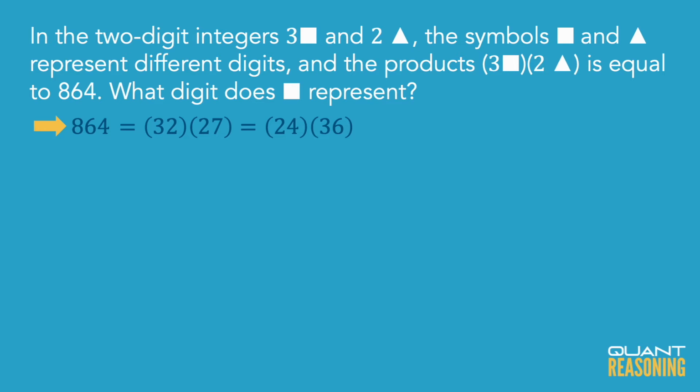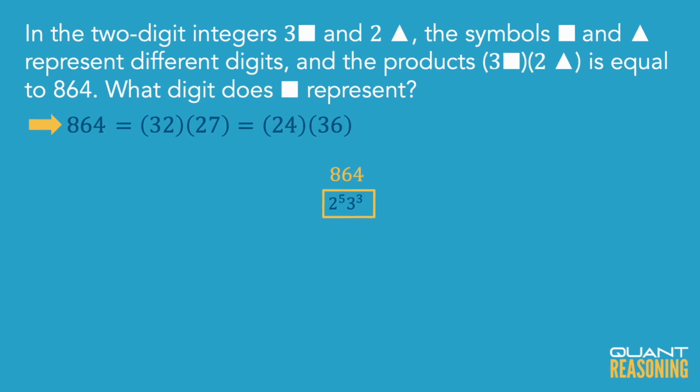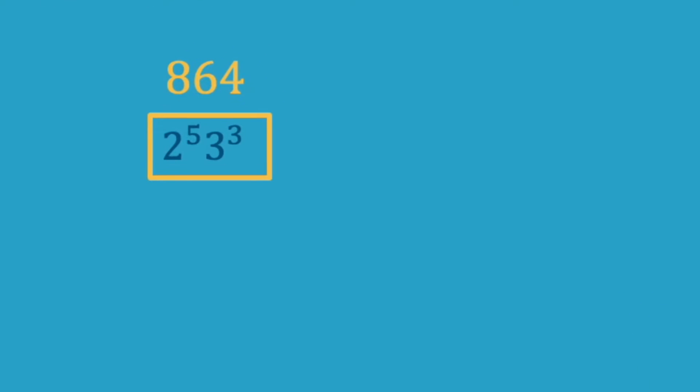Now, it's probably a good idea to consider, are there any other pairings of 30-something and 20-something that could get us 864 before we go to the statements? To do so, we can just look at the prime box of 864. We know we have just 2's and 3's in there, right?